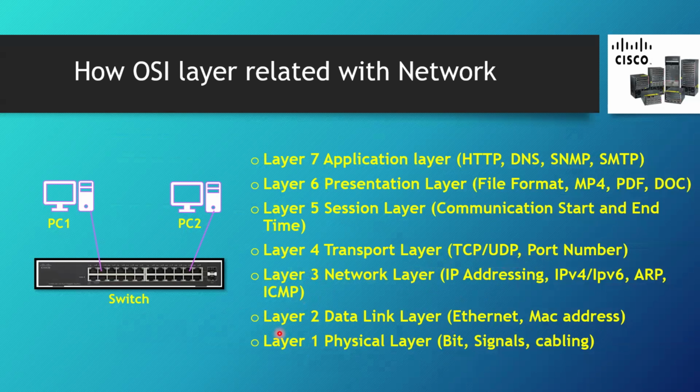Any of these issues will interrupt the internet connection. So for any troubleshooting purposes, we can use this OSI model. In fact, many companies in the industry use this OSI model for their troubleshooting process. So this is very important.